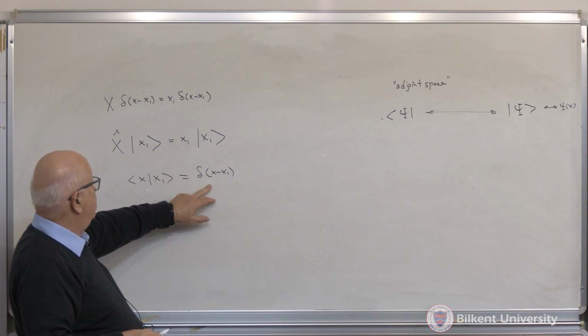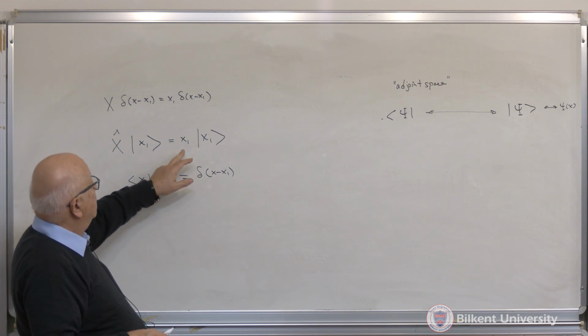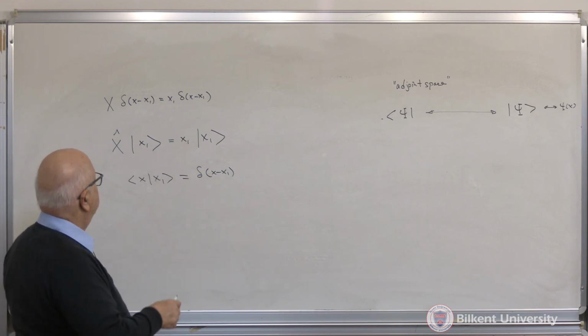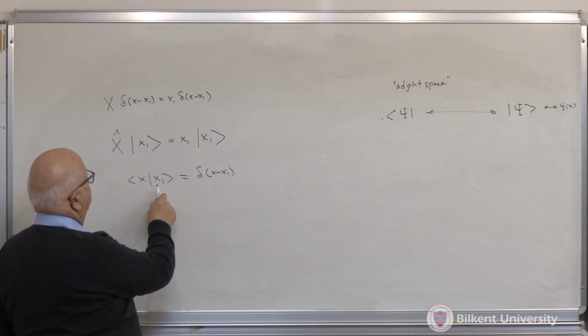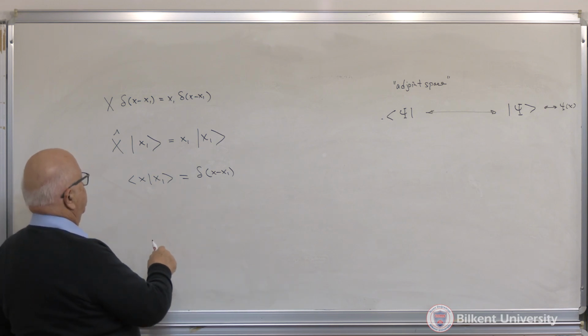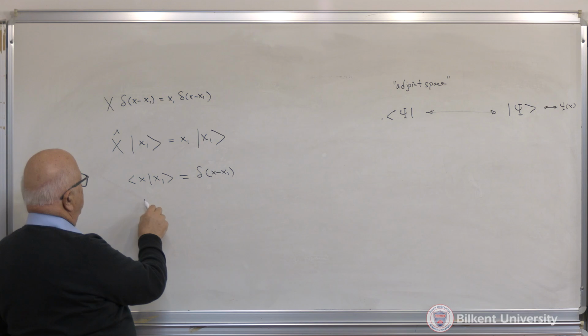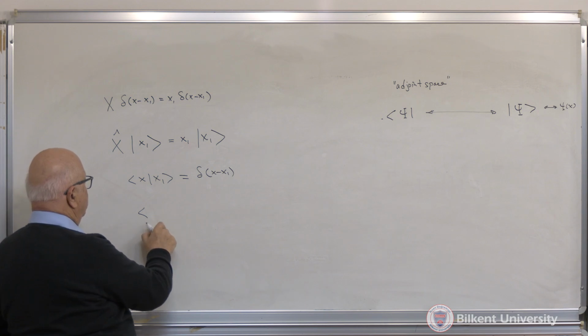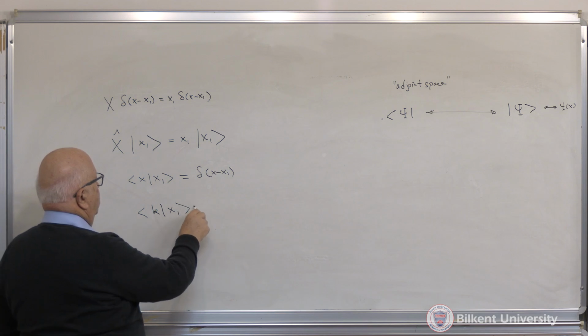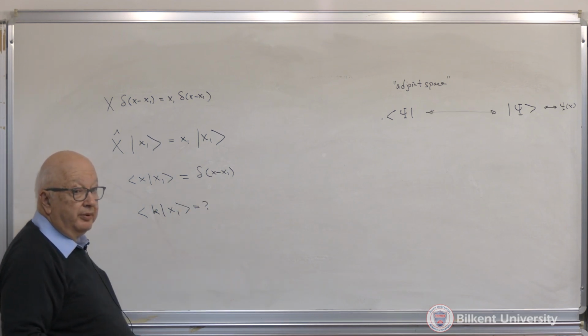But what you can do is look at what this thing is, for example, in the p basis. So how do I do that? I like to use the k's. The question is, what is <k|x1>?